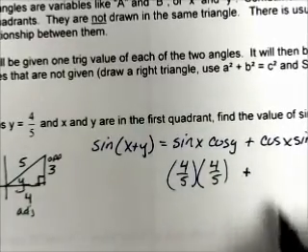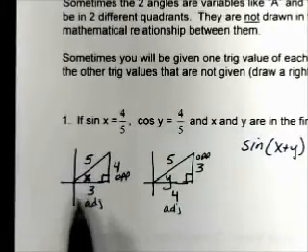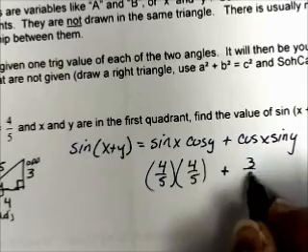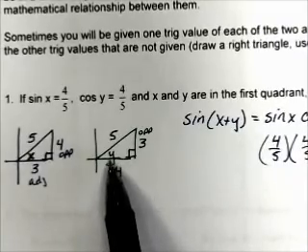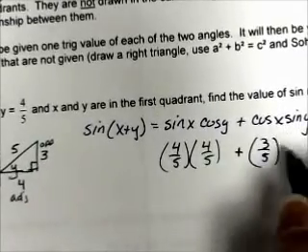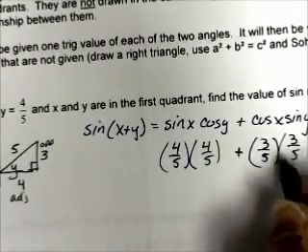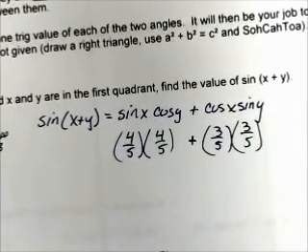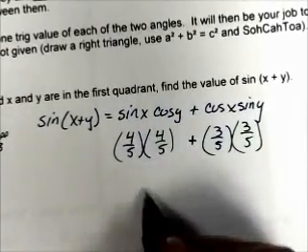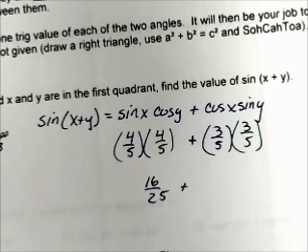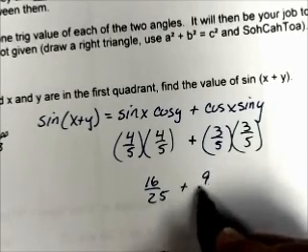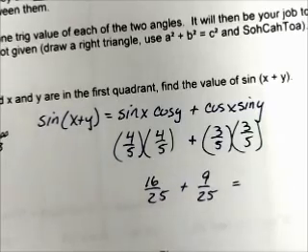Plus the cosine of x, going back, cosine of x, 3/5 times the sine of y. The sine of y, 3/5. Multiplying, 16/25 plus 9/25 is equal to 1.